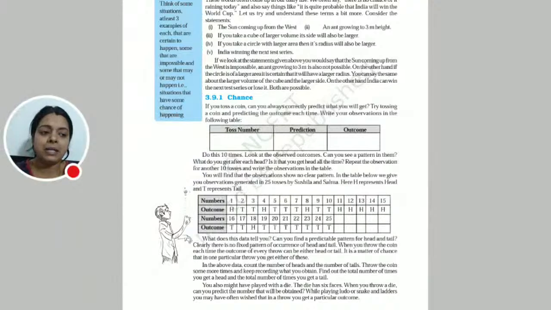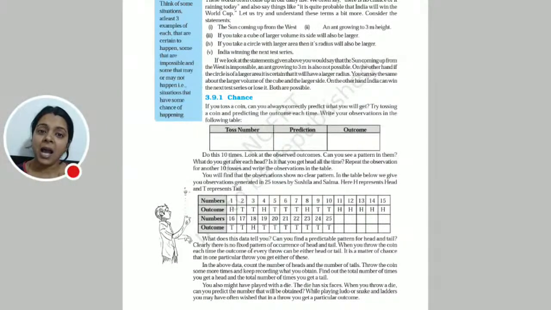The probability, the chance, is that either the person will get a head or a tail, right? The chances are always 50-50. Either I'll get head or I'll get tail, but the chances are totally 50-50.